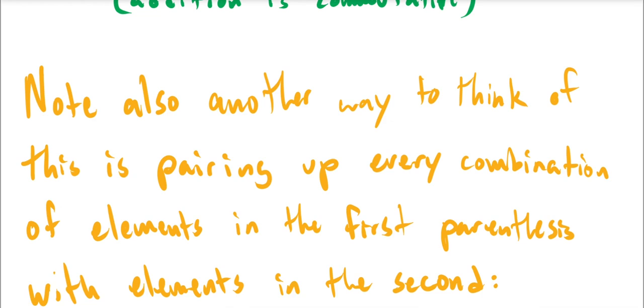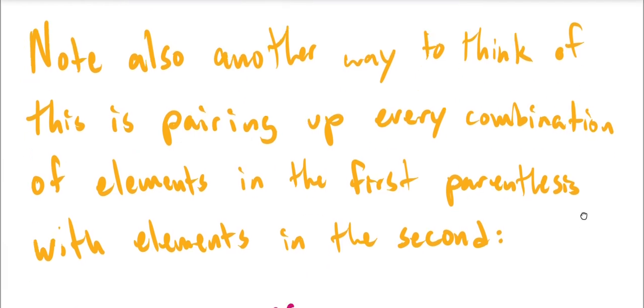Another way to think about this, which is going to be interesting in terms of thinking about how polynomials work with counting, the number of ways of doing something later on, is to notice that really what we've done is we've paired up every combination of elements from the first parentheses with elements in the second parentheses.